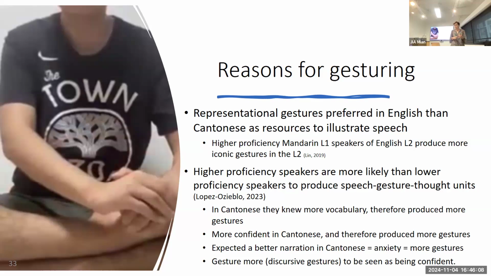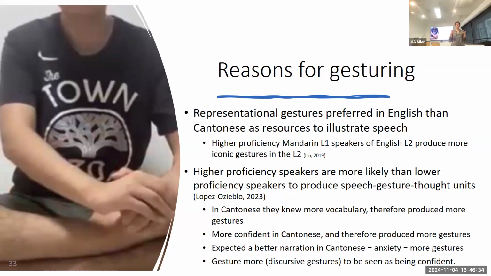Other things that they told us: in Cantonese, they knew more vocabulary, therefore they gestured more. However, as we see, there are fewer representational gestures in the L1 than the L2. So yeah, they might gesture more, but the gestures are not representational. They tend to be pragmatic, related to the discourse. They are more confident in Cantonese and produce more gestures: confidence gestures.